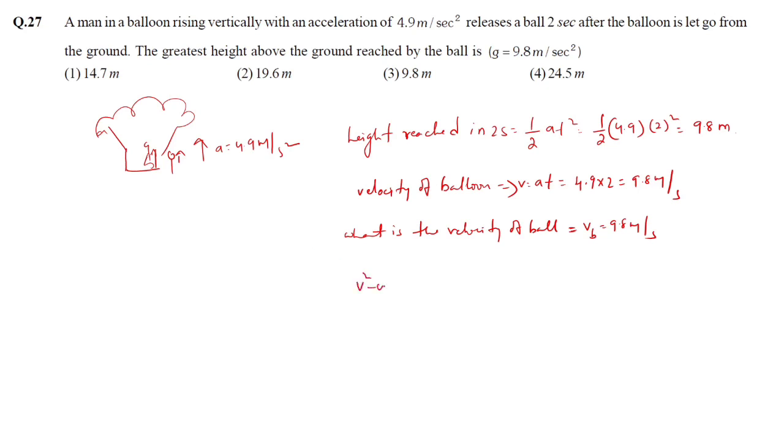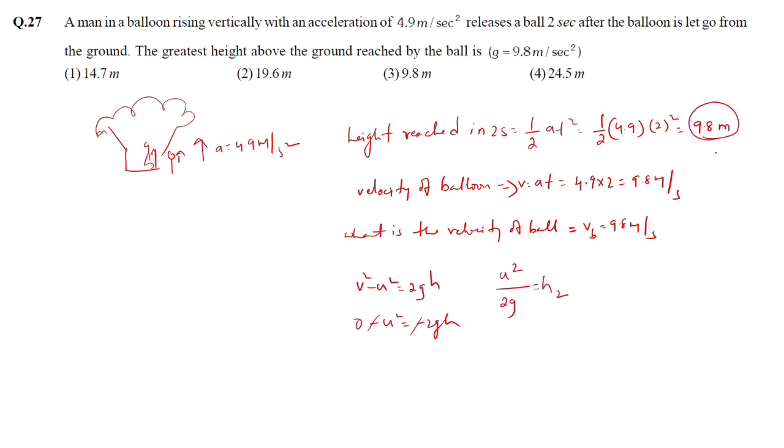So now v square minus u square is equal to 2gh. After reaching the maximum height, its velocity will become 0 and then it comes down. So minus u square is equal to minus 2gh as it is moving up. So the negative sign will get cancelled. So u square by 2g is equal to h2.